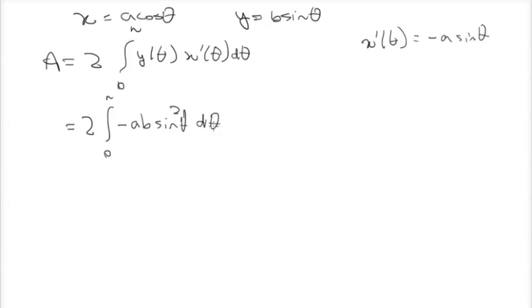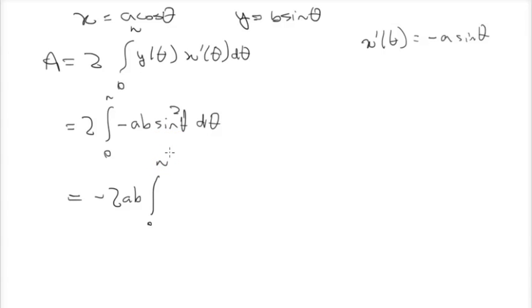Well, we're going to have to fall back on the trig properties that you learned in pre-calculus that you might have forgotten. So I'm going to give you a refresher on one really important one that you're going to want to use when you're doing integrals like this, and that is that sine squared theta is equal to 1/2 minus 1/2 cosine 2 theta.